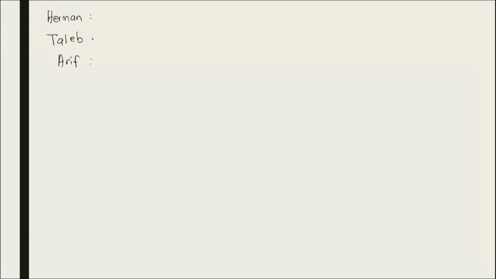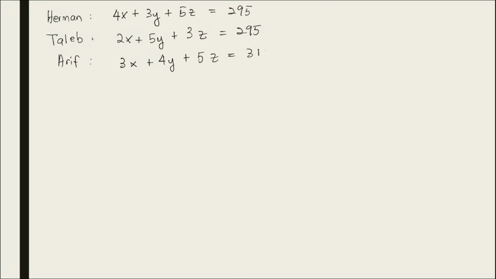Since you have highlighted in the question, we know that Herman used 4x, 3y and 5z with total of 295. Talib, 2x, 5y and 3z with total 295. And Arif, 3x, 4y, 5z with total 310.